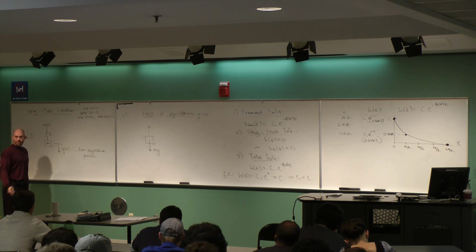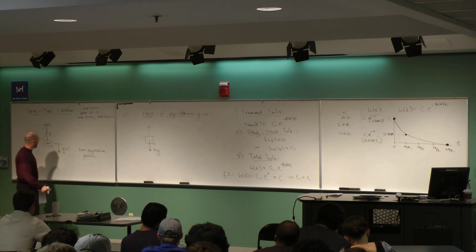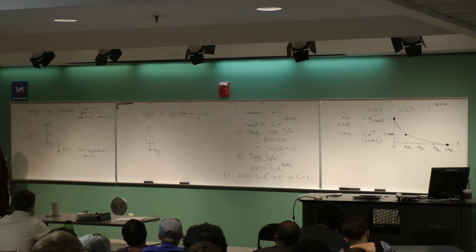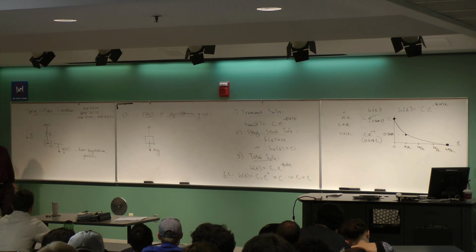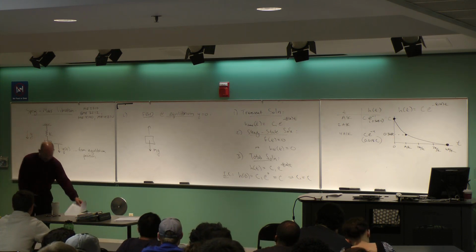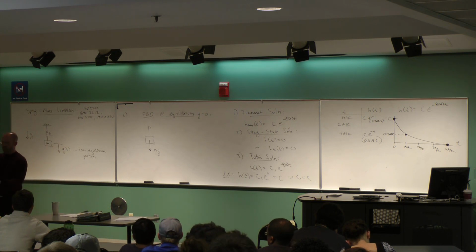There's tension in it, but what was that? k times x. So in this case, what's x? The displacement from equilibrium.